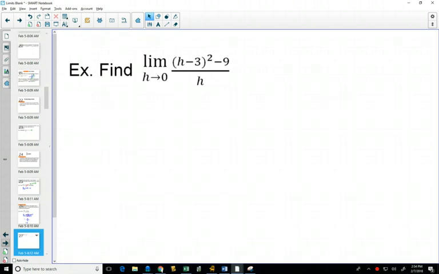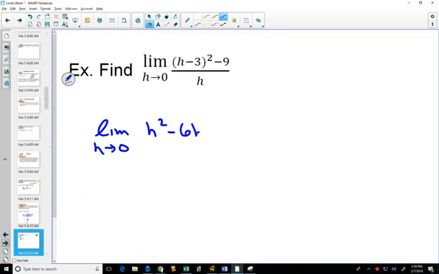Plug in 0. We got 0 on the top, 0 on the bottom. So you're going to have to play around with this equation. How can you manipulate this equation so that that h disappears and you can actually plug in 0? I would say 90% of you expanded this like this: h squared minus 6h plus 9 minus 9 equals h.